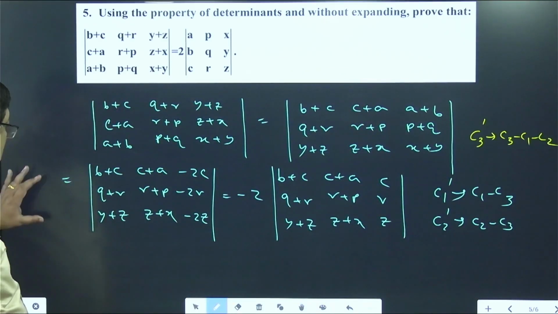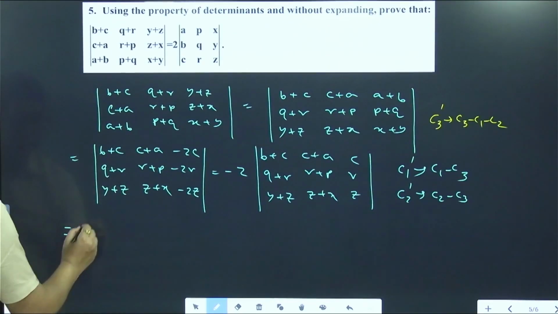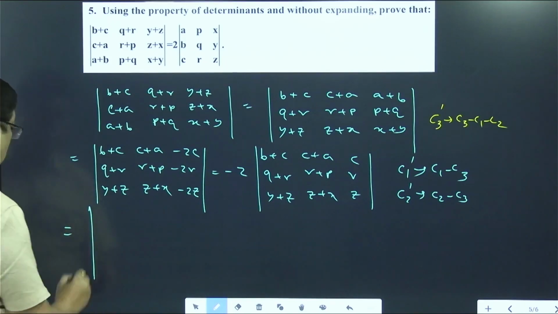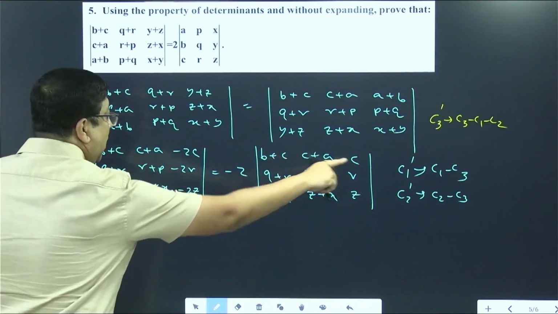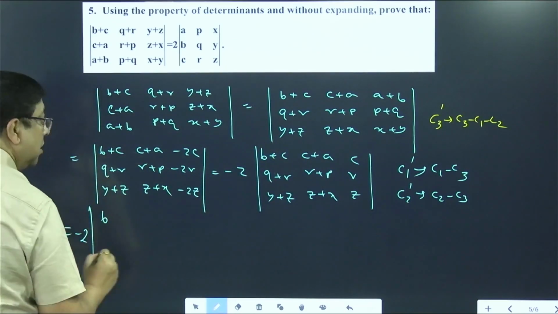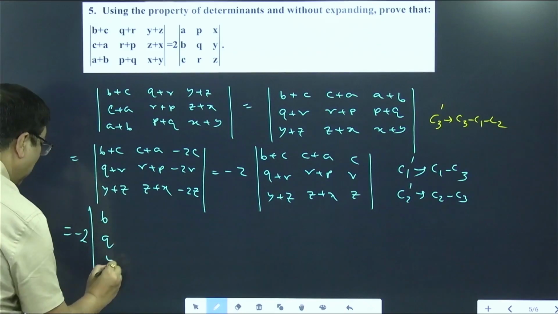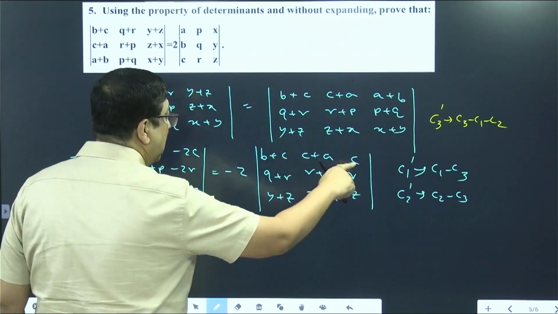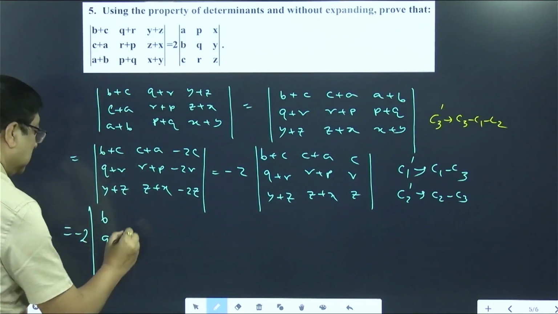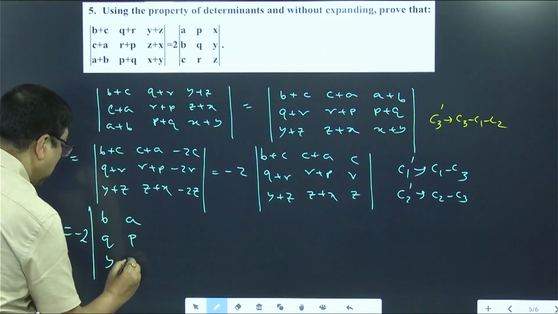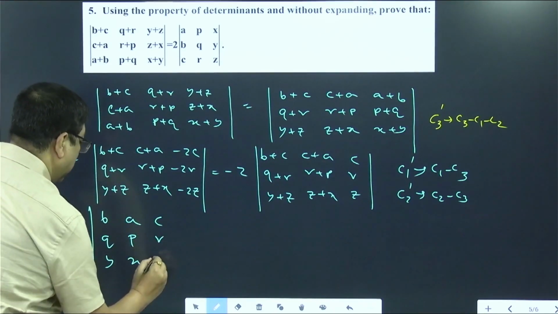If we do this, we are seeing that minus 2 is here, then b plus c minus c, that is b, similarly q plus r minus r, that is q, similarly y, similarly for the C2, that is c and c is getting cancelled. So, apx, and it was c r z.